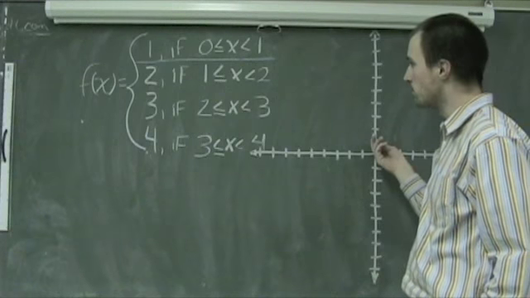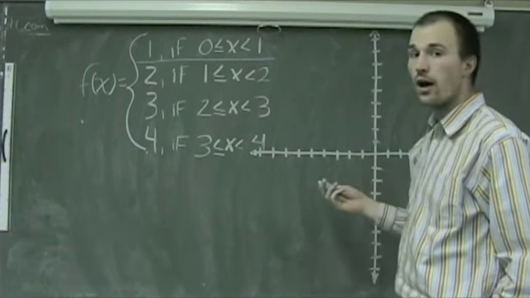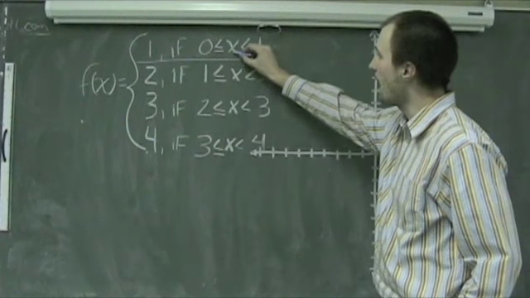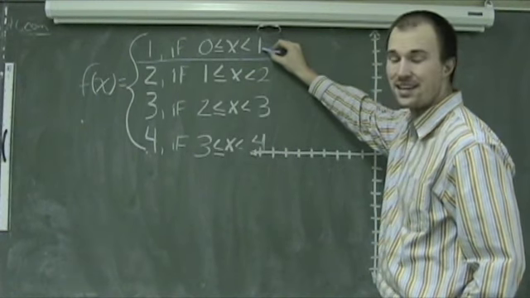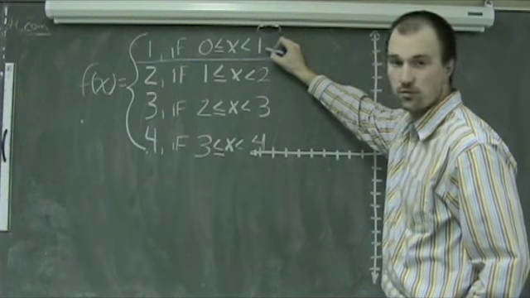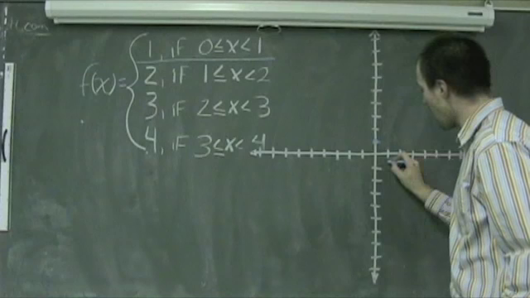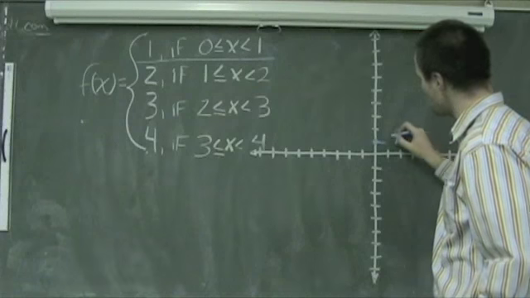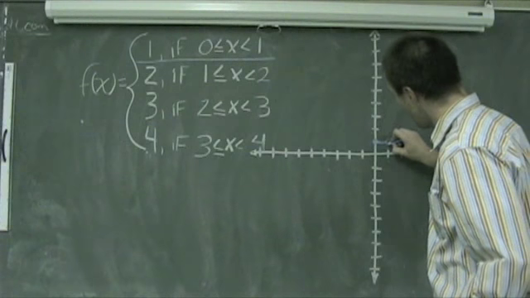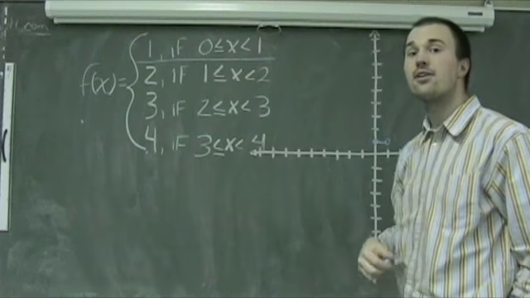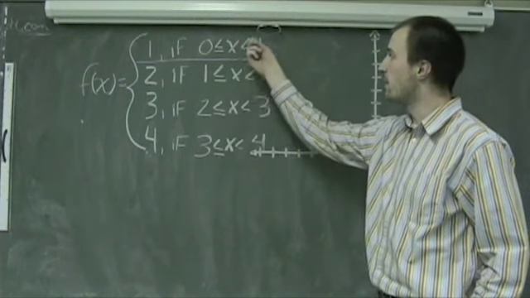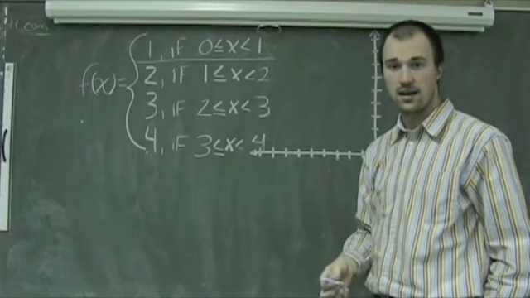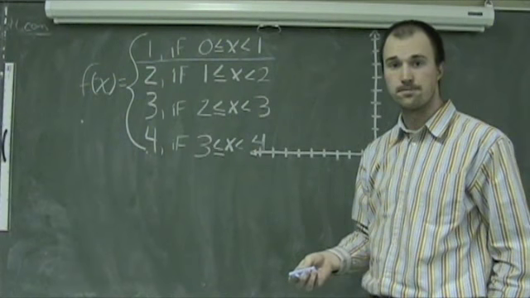And it's going to be 1 all the way until x comes up to, but doesn't quite meet, a positive 1. So here's where x is a positive 1. It's going to be this y value of a positive 1 until we hit 1, where we have an open circle because of the less than sign, and not a less than or equal to sign.